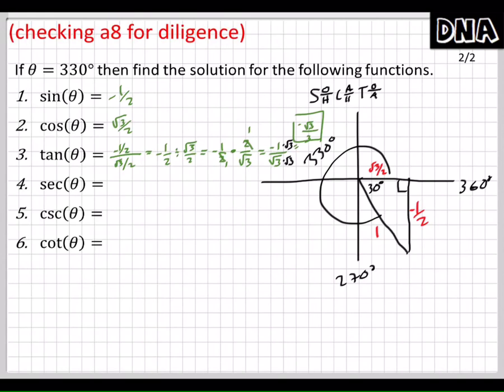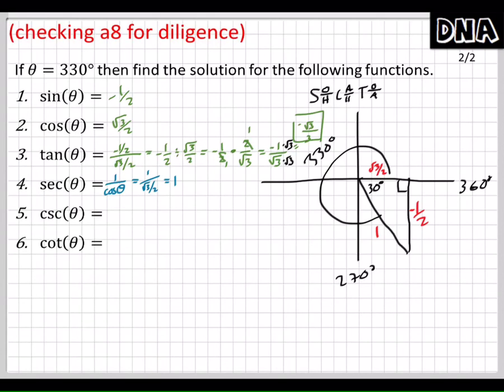Now let's get down with secant. Whoa, secant. You remember secant? We just looked at him yesterday. There's a good chance you forgot him. That's why I put him up here. Secant is the same as 1 over cosine theta. And since we know what cosine theta is for this problem, all you need to do is say 1 divided by rad 3/2.